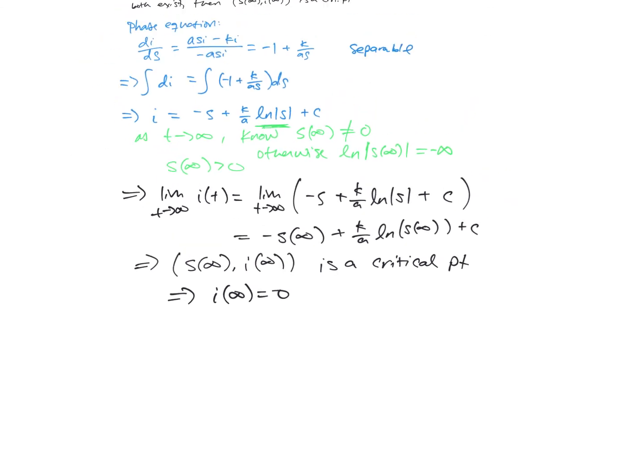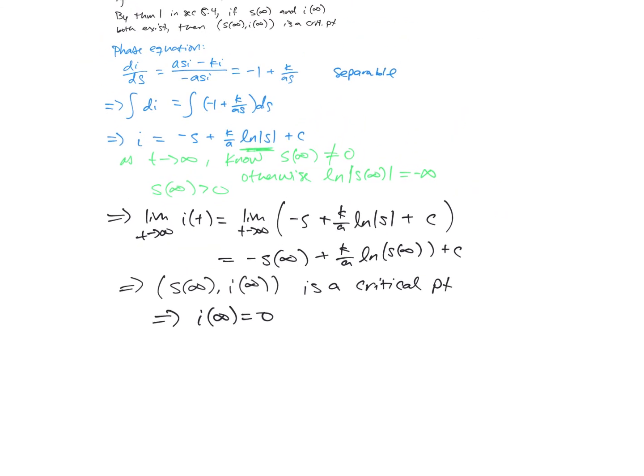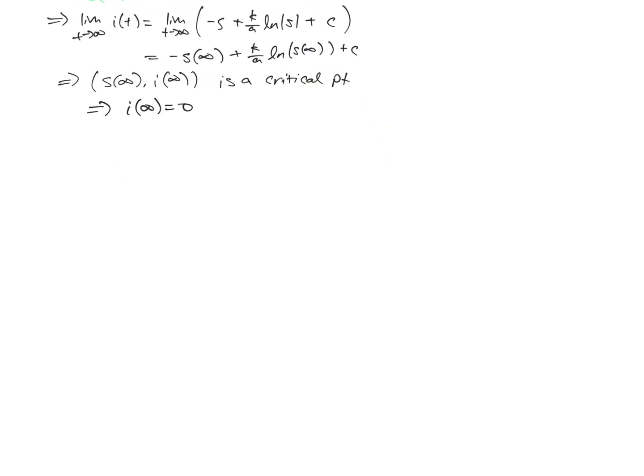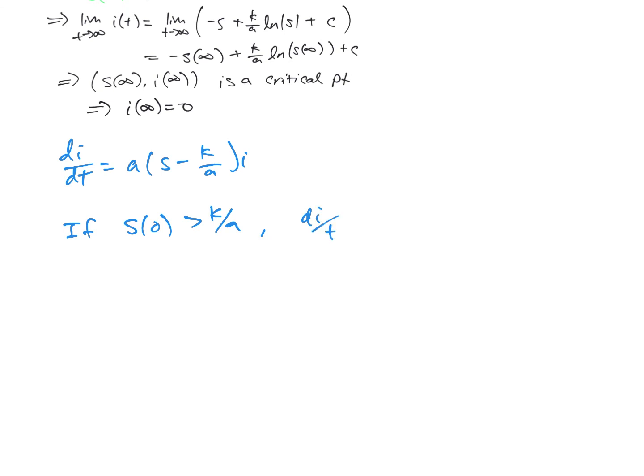And so the last thing to note, we'll go back and look at our equation for dI/dt. So let's just write it again. If S of 0 starts off at some value bigger than k over a, then dI/dt is initially positive, right?